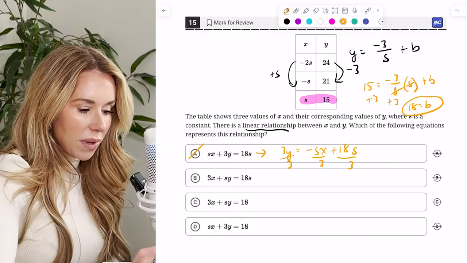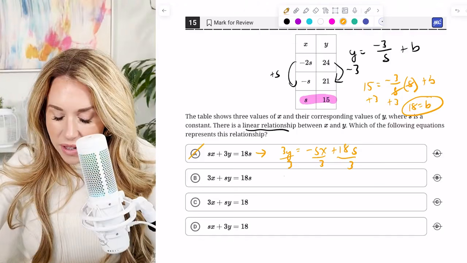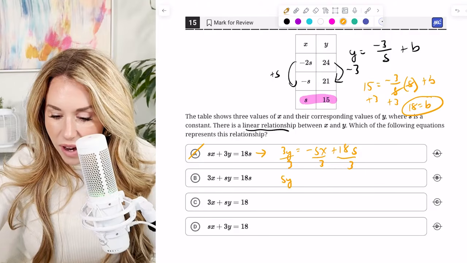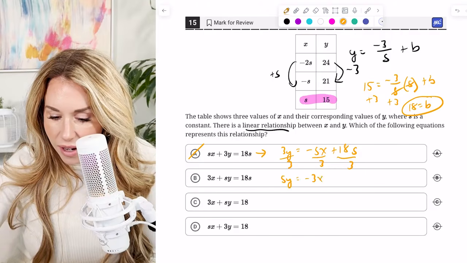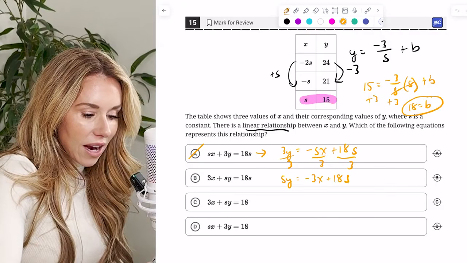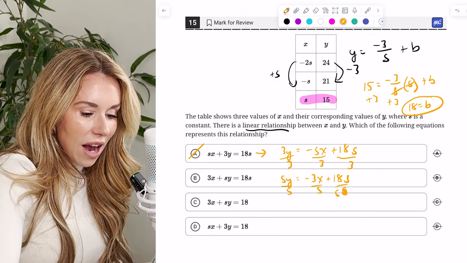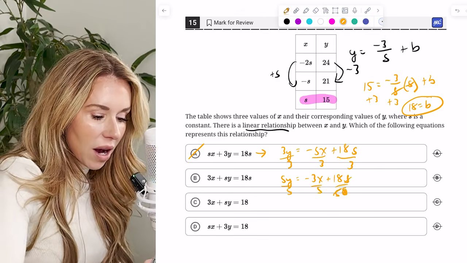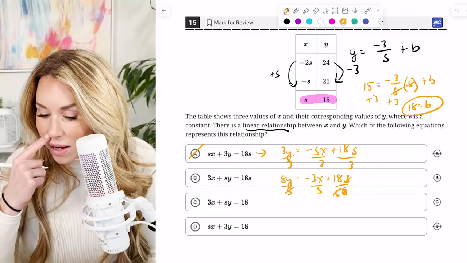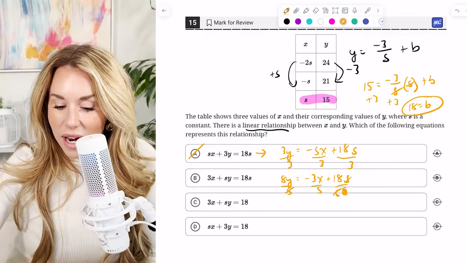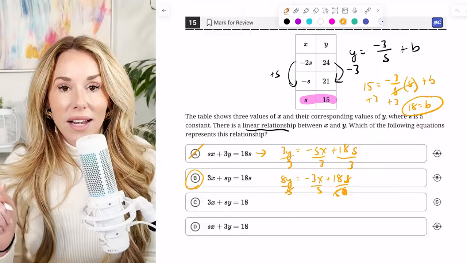Now let's try B. So I basically subtract the 3x. So now I have sy equals negative 3x plus 18s. Well, now when I divide by s, this is perfect. I get 18 as my y-intercept, and I get negative 3 over s as my slope, so B is the right answer.